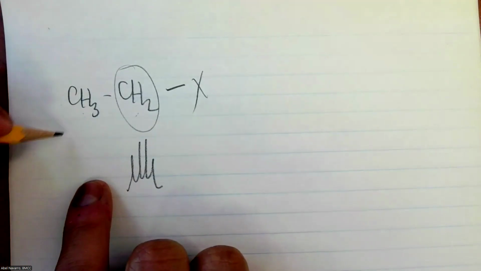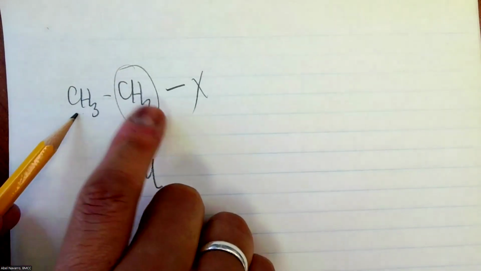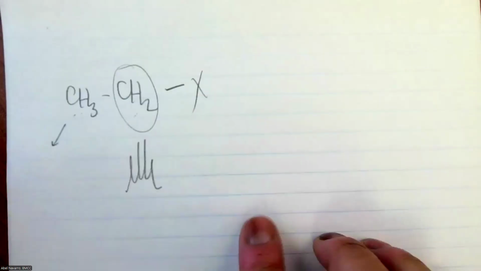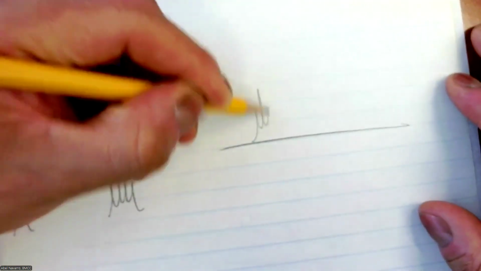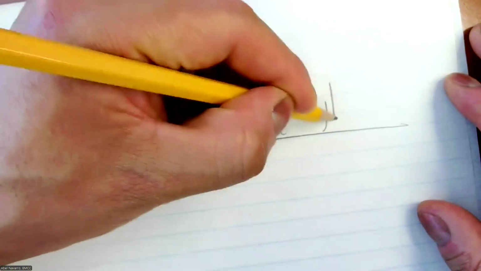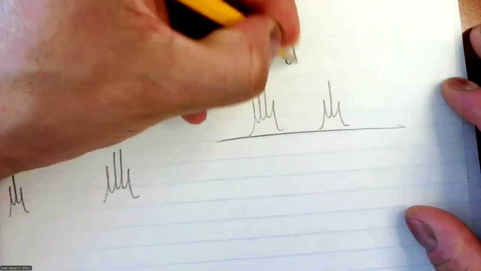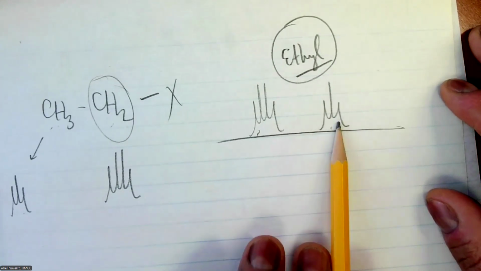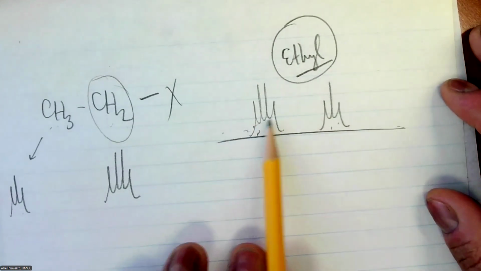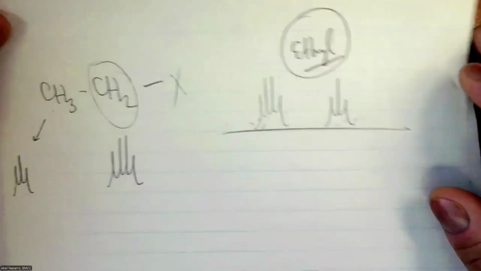And this one is next to the CH2, 2 plus 1, 3, triplet. So if in the NMR you see a quartet followed by a triplet, most likely that's evidence that you are in front of an ethyl group. It's always like this, quartet followed by a triplet, not triplet followed by a quartet. That's an ethyl group.